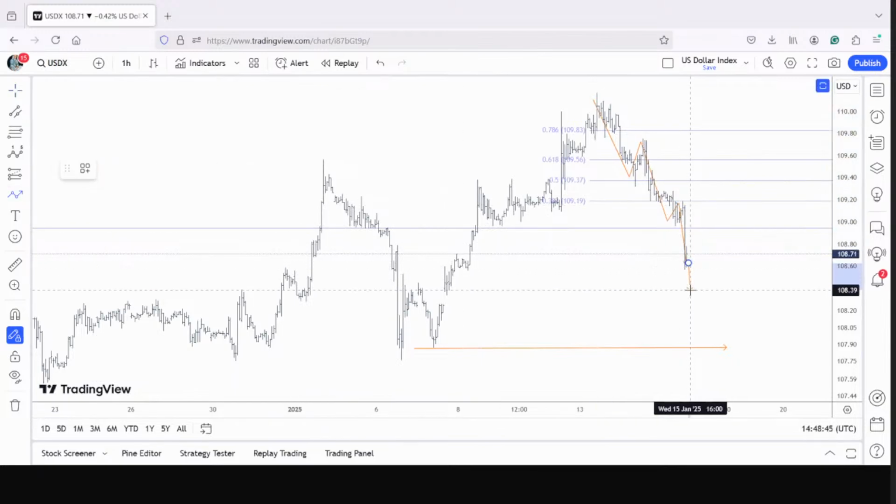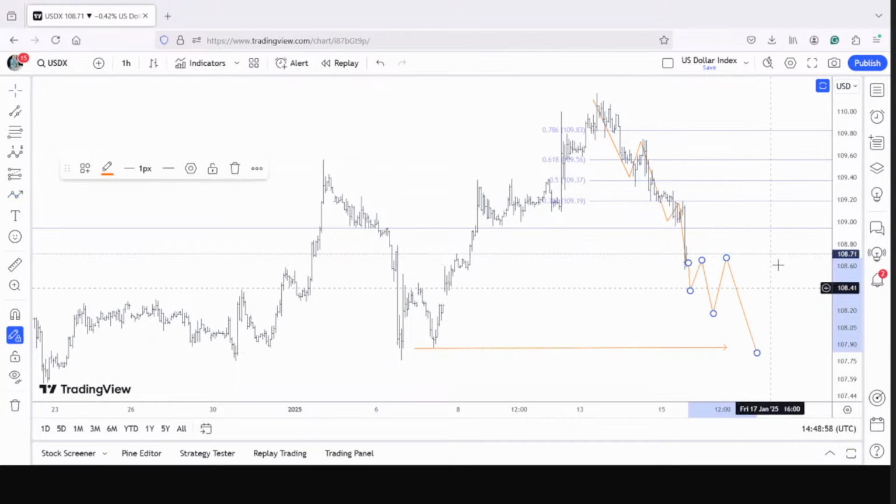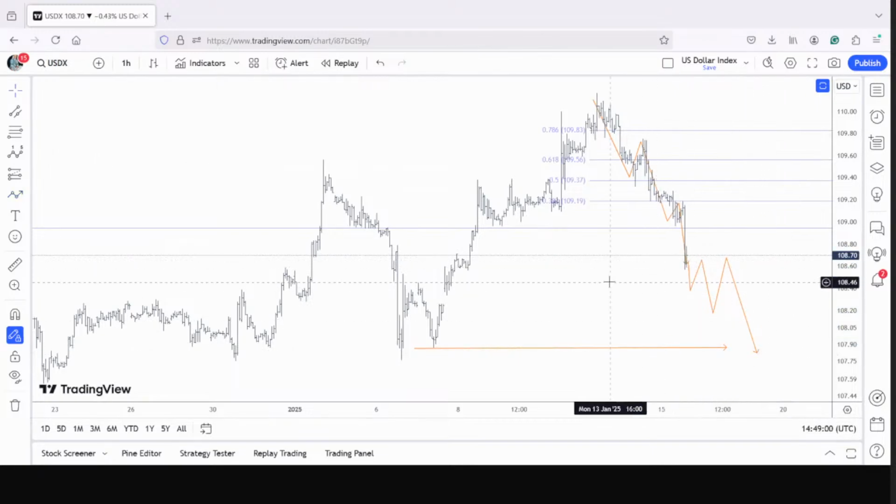So the third wave is continuing, and then it's going to be fourth wave, and then fifth wave. That is where the third wave is going to complete. And then we've got wave 4, and then we've got wave 5. So there are so many alternate counts, and that's why I'm planning to do the counts each session now. All right.